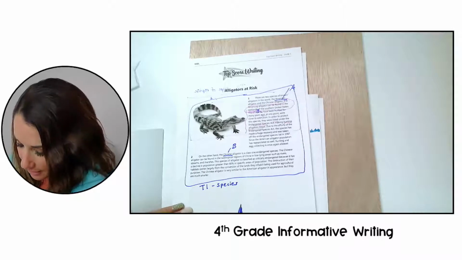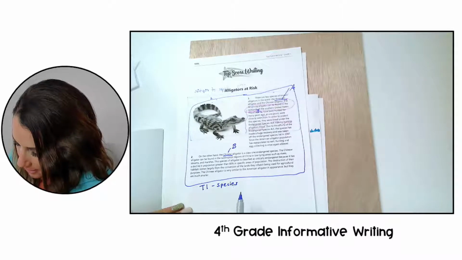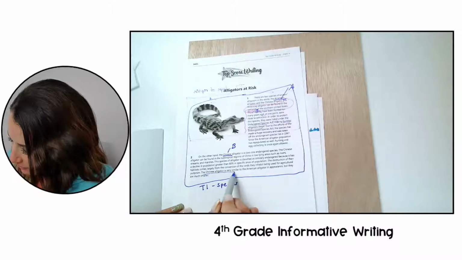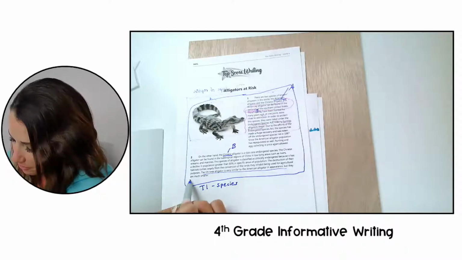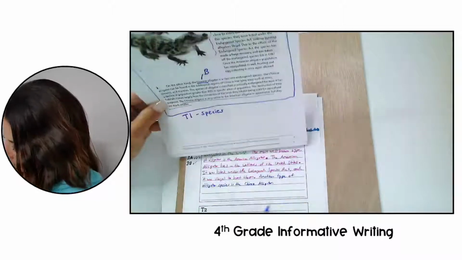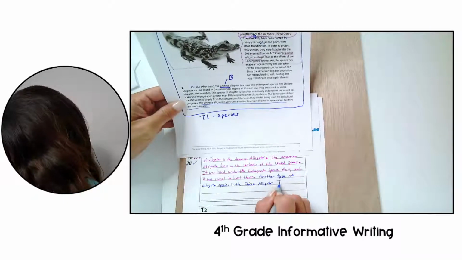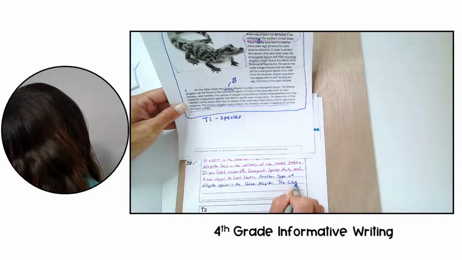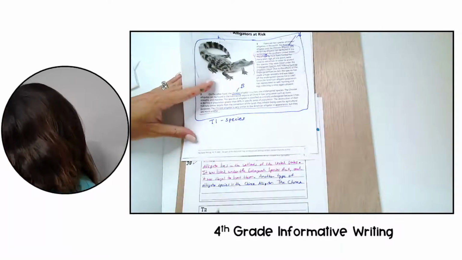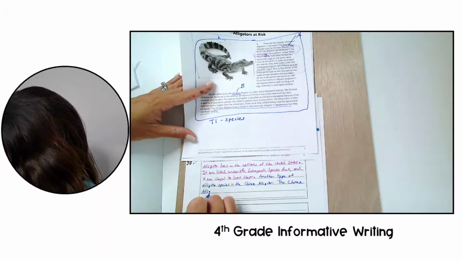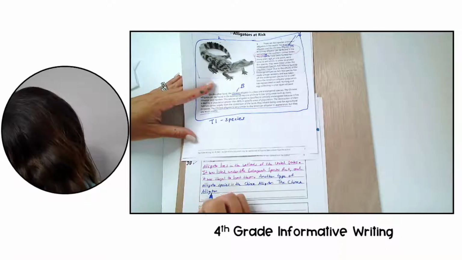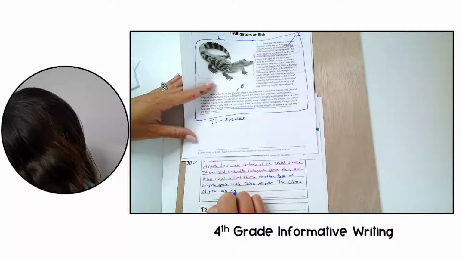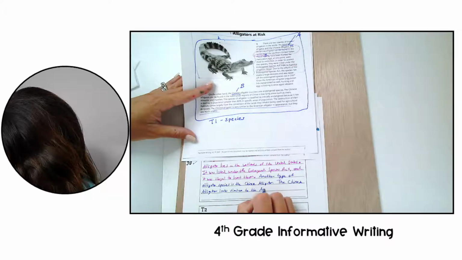Okay, so I'm going to take this and I'm going to say the Chinese alligator is very similar to the American alligator in appearance, but they are much smaller. So I'm going to write, the Chinese alligator looks similar to the American alligator.